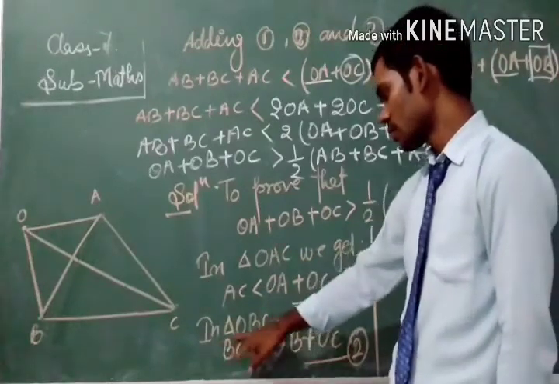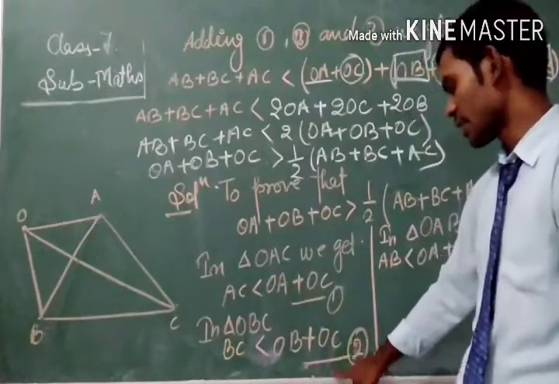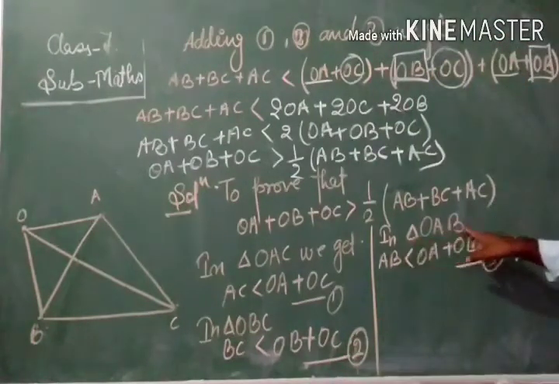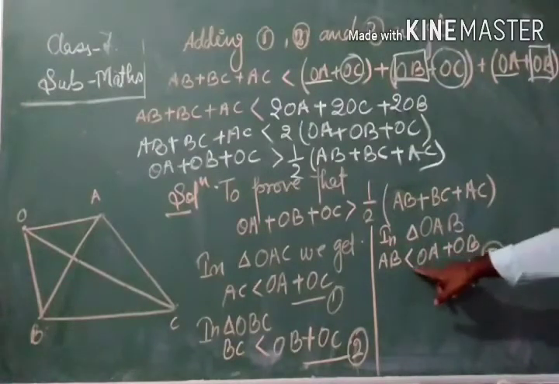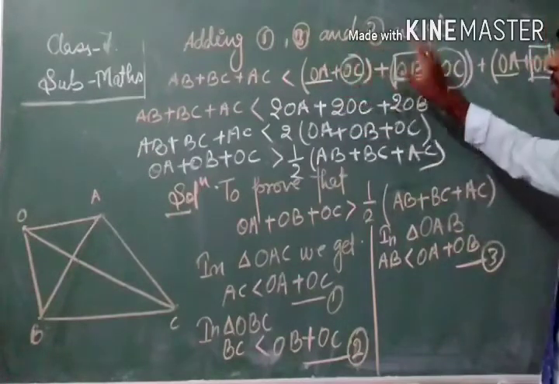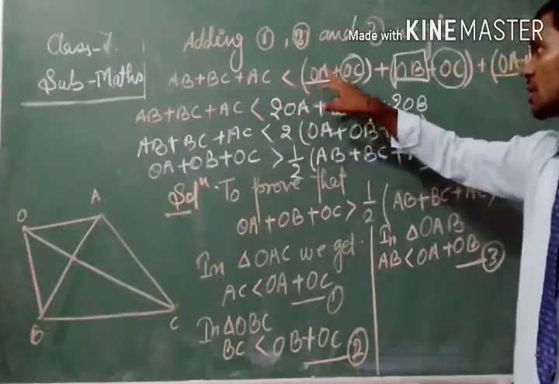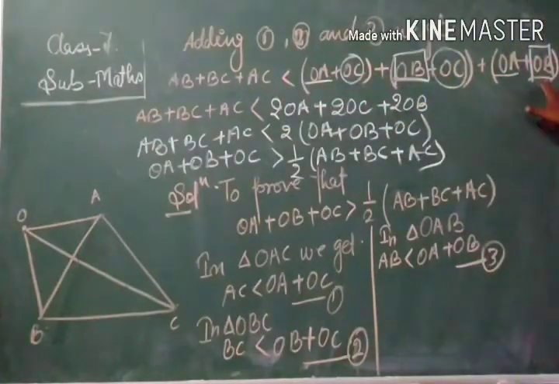In triangle OBC, BC is less than OB plus OC, the second condition. In triangle OAB, AB is less than OA plus OB. Adding these three conditions, AB plus BC plus AC is less than OA plus OC plus OB plus OC plus OA plus OB.